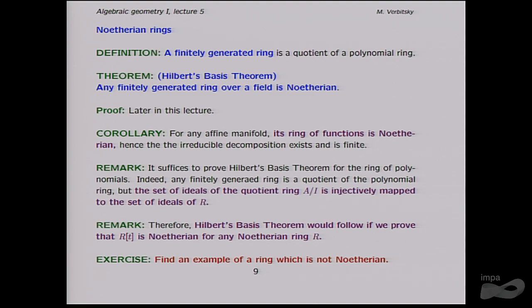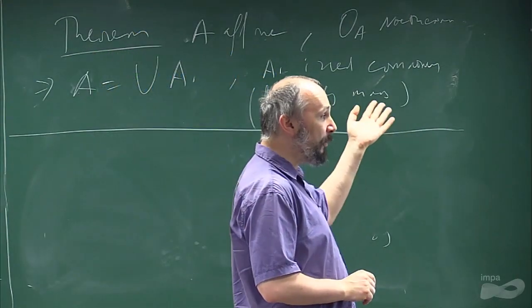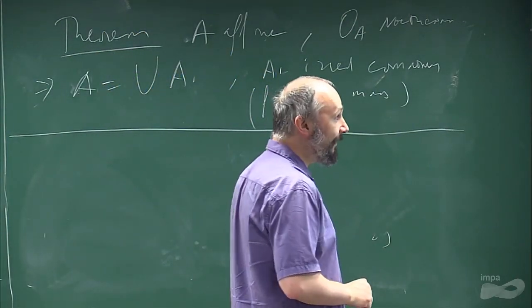Okay, we should continue. So Hilbert basis theorem. It's a nice exercise in commutative algebra. And if you had some bit of commutative algebra, it would probably be easy to digest this proof. Maybe you had already this proof, maybe you have a different proof, but it's not hard anyway.